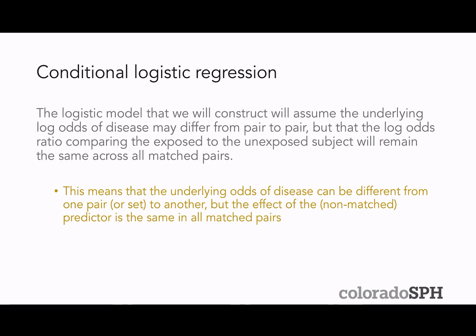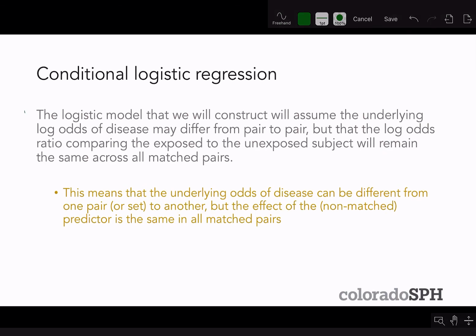And this setup for modeling the matched case control study is called conditional logistic regression. And we're going to go through this in much more detail in the next lecture, but in the logistic model that we will assume, the underlying log odds of disease may differ from pair to pair, but the log odds ratio comparing the exposed to the unexposed subject will remain the same across all matched pairs.